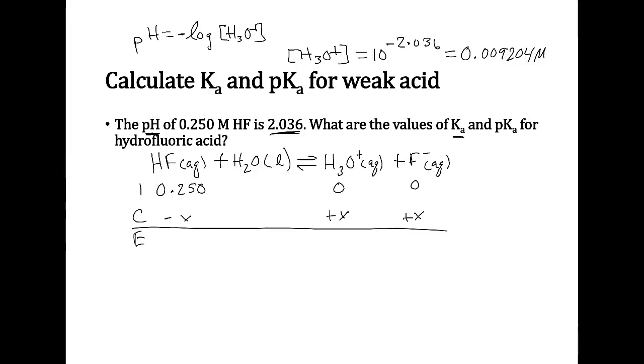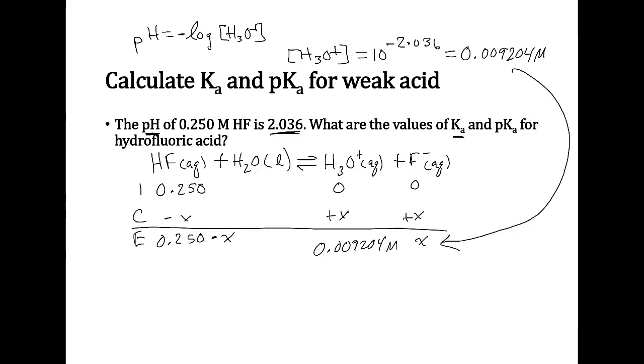So X is in fact 0.009204. To save space, I'm just going to go ahead and write X down here. But we know that we can substitute in the 0.009204 as our X. Alright, so now X is no longer a variable. We know it has a known value.